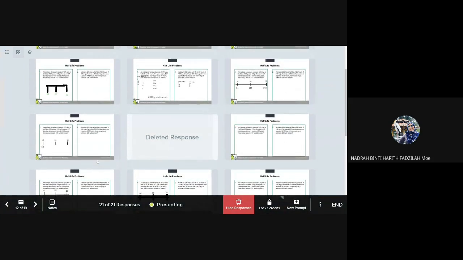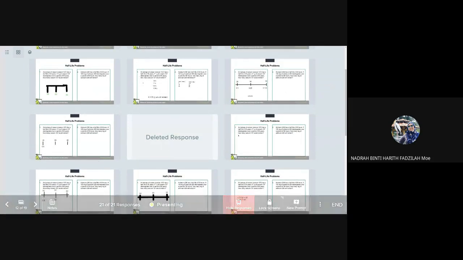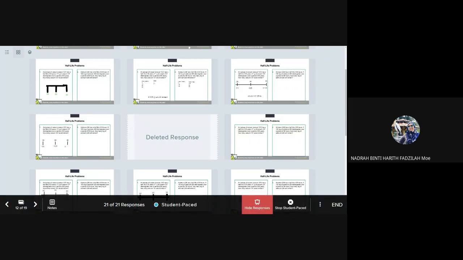So I would like to change this slide. Saya nak tukar kepada student pace so that siapa yang dah siap boleh move on to the next slide ya. Sekarang ni kita tengah buat slide 12. So sekejap ya, saya tukar kepada student pace. Bila saya tukar student pace, mungkin Padlet akan bawa kamu kepada slide yang lebih awal. You just fast forward to current slide. Alright.